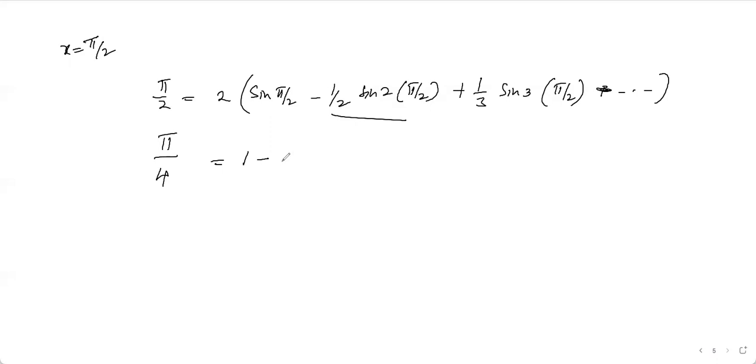Then we have minus 1 by 3 plus 1 by 5 minus 1 by 7 and so on. So this is the required expansion of pi by 4.